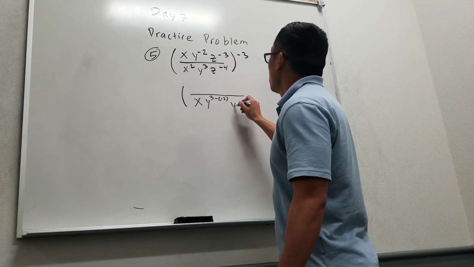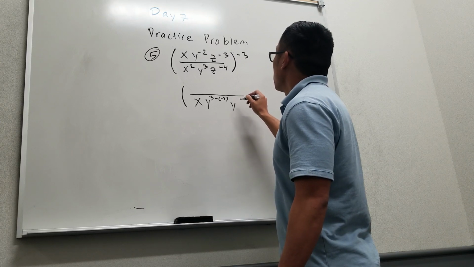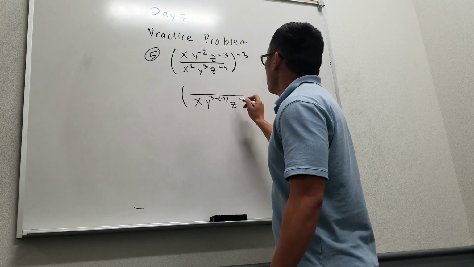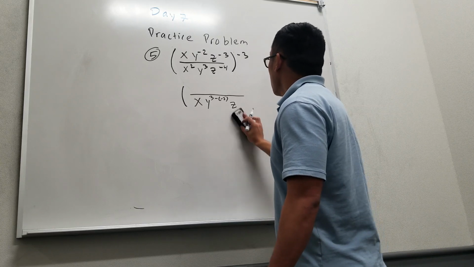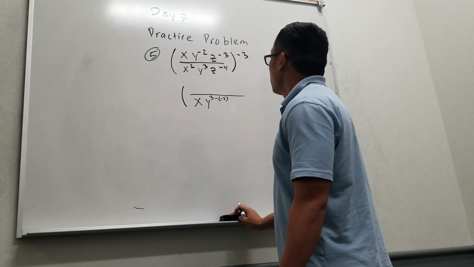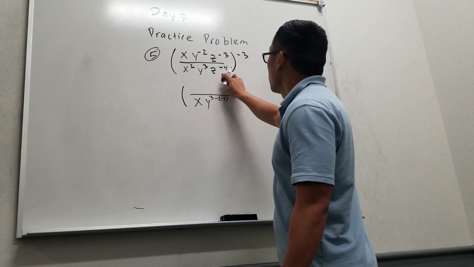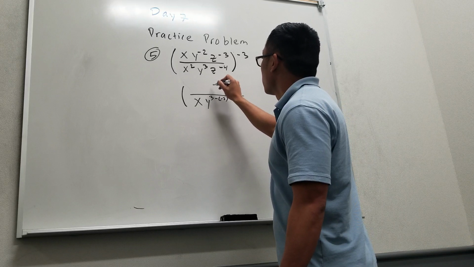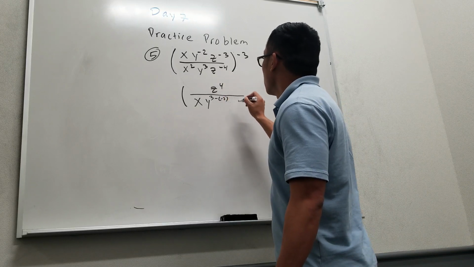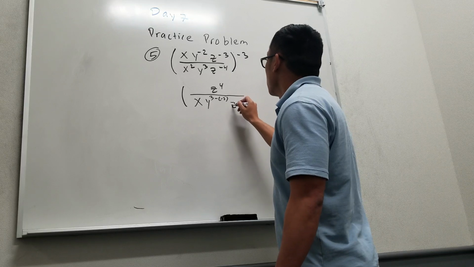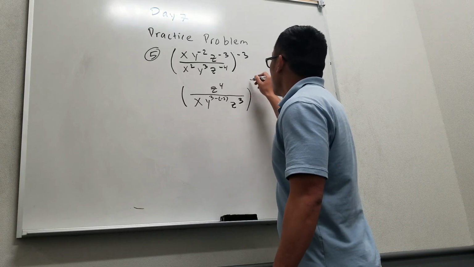This is y, z, c to the negative 4. There are many ways to do this, but see, this is on the bottom, it has to go on the top. This is negative on the top, it has to go on the bottom, right?